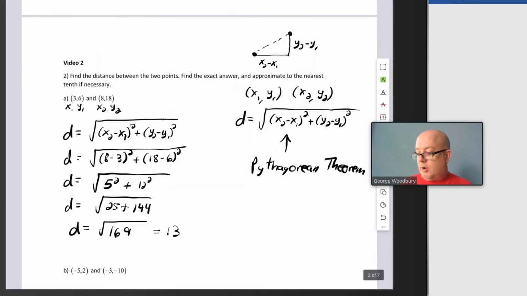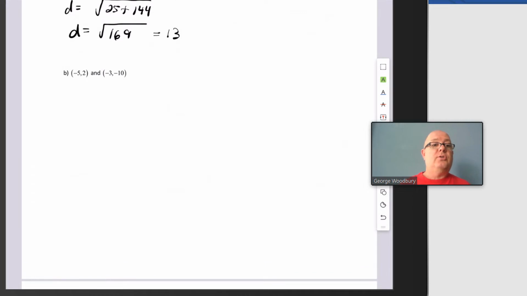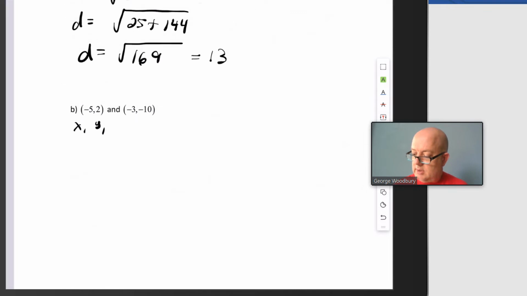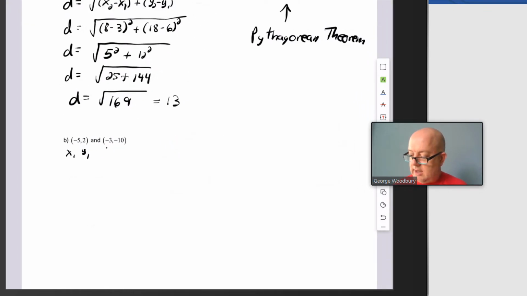Let's try one more problem with just finding distances first. So this time we've got -5, 2 and -3, -10. I'll label those again, x1, y1, x2 and y2.